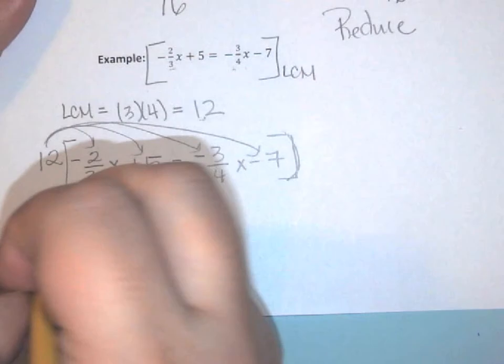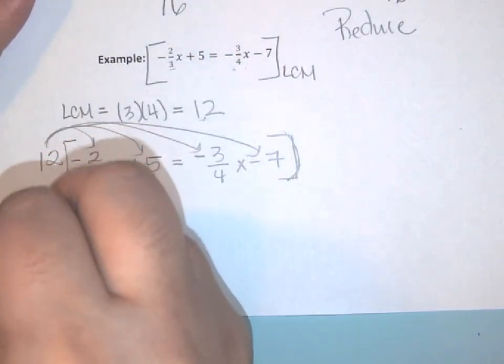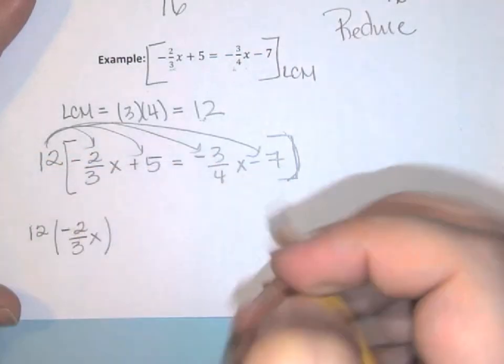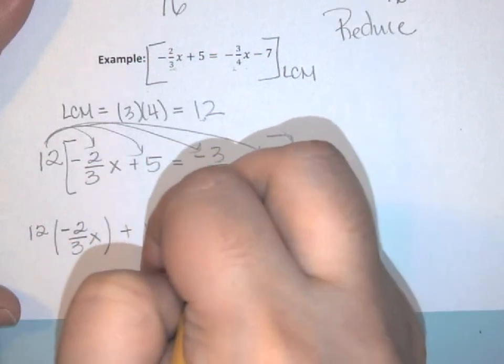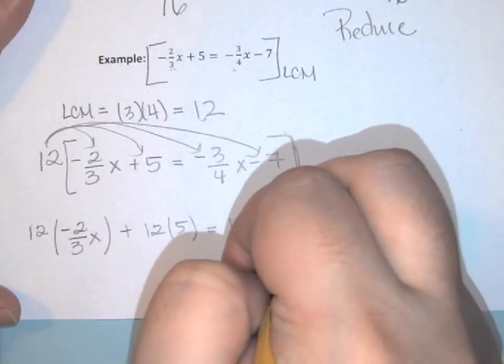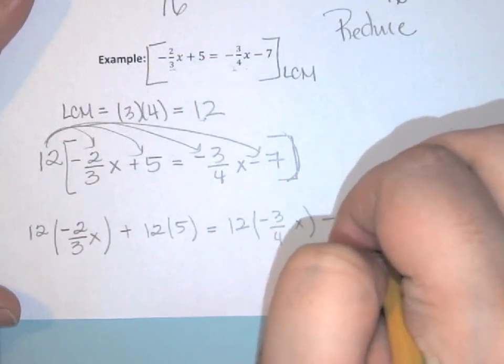So here I'm going to end up with 12 times my negative 2/3 x plus 12 times 5 equals 12 times negative 3/4 x minus 12 times 7.